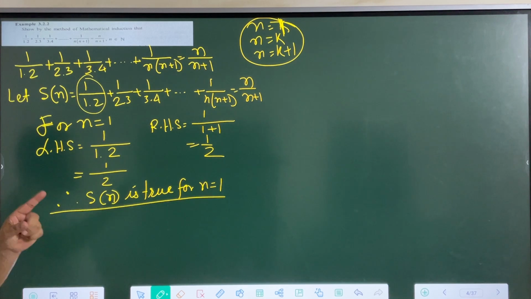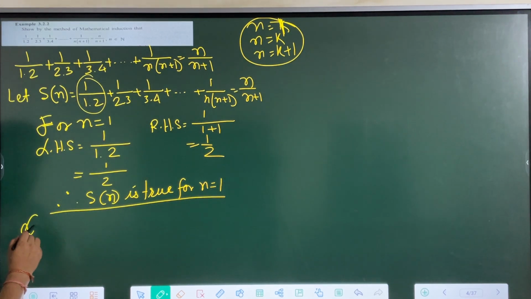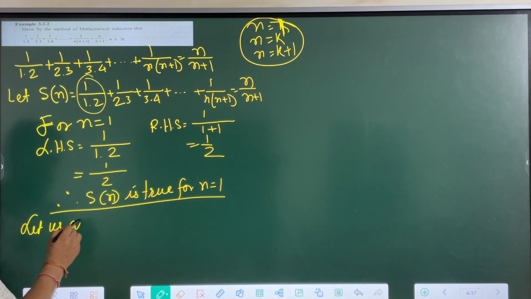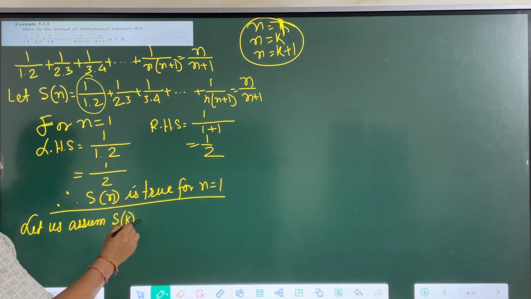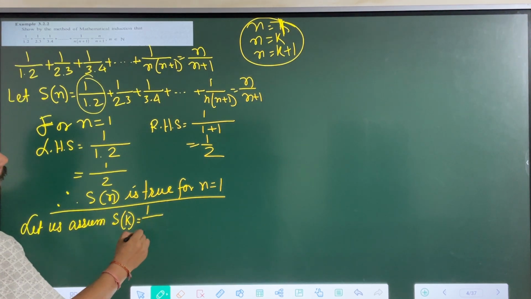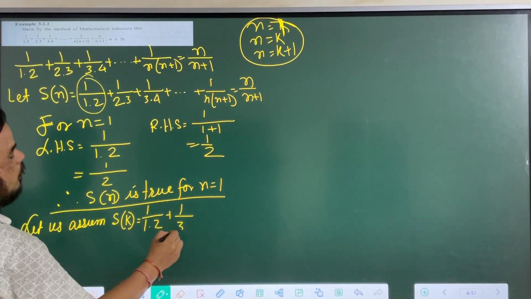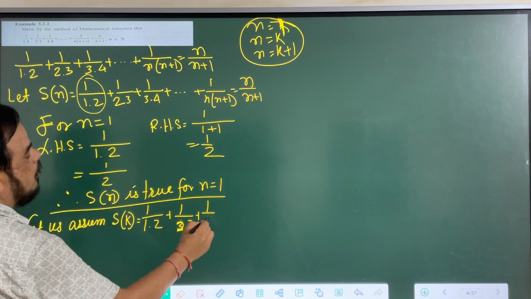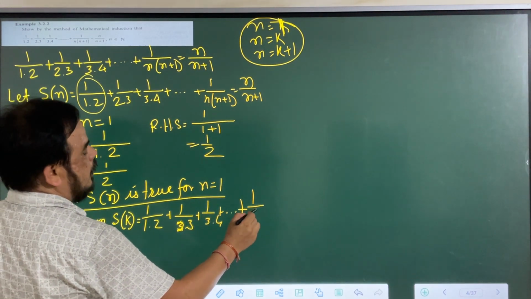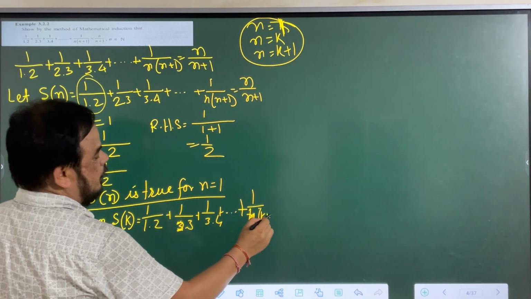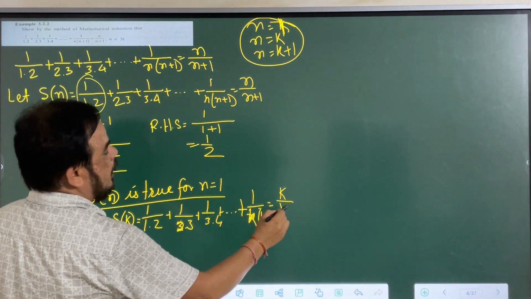For n equals k, we just write assume. Let us assume Sk is equal to 1 by 1 into 2, plus 1 by 2 into 3, plus 1 by 3 into 4, plus and so on, plus 1 by k into k plus 1, equals k by k plus 1.